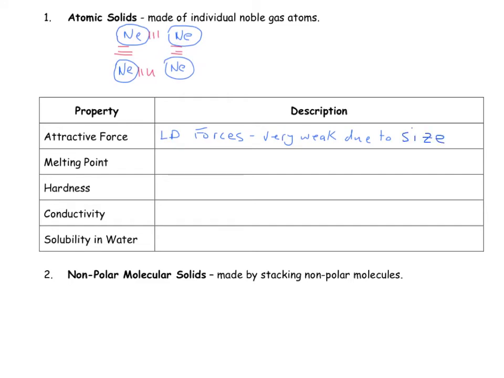Because I have very weak forces, then my melting point is going to be extremely low. Now the melting point for a typical atomic solid is around minus 200 degrees Celsius. That's very cold. Also, because I have very weak London dispersion forces, my solid, when it is a solid, is going to be very soft.